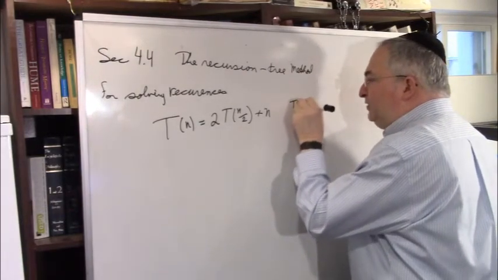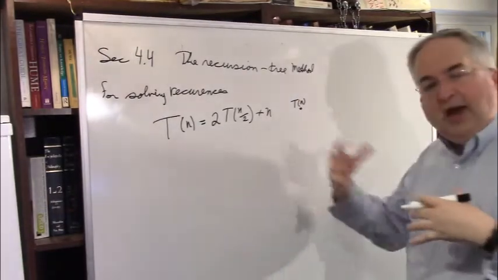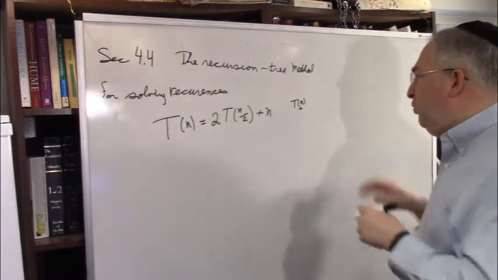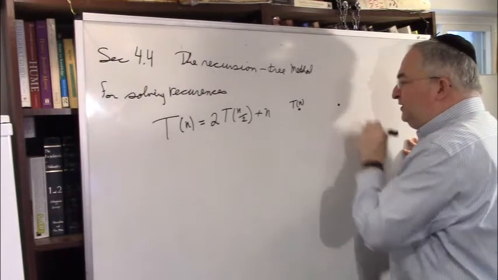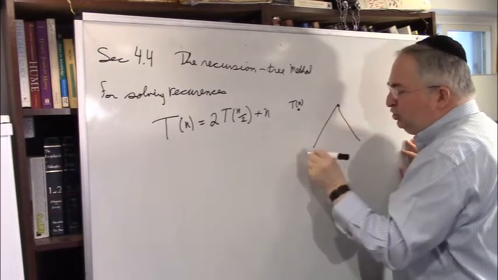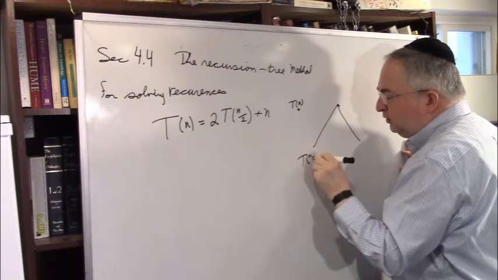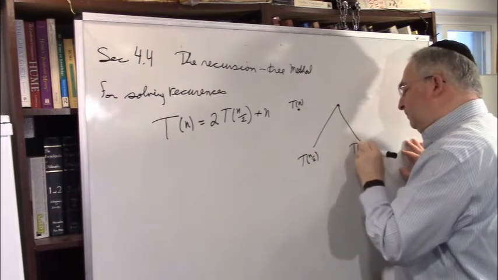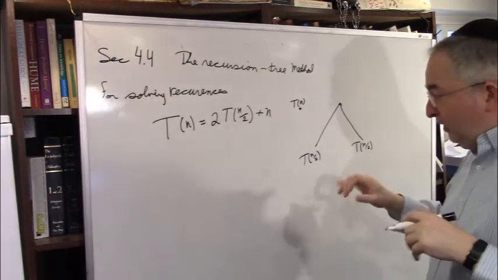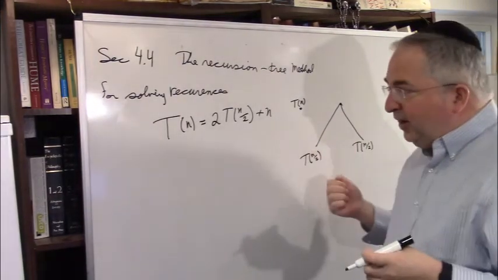You have some T of n. Question: how can I write this in another way? Well, you split this up into 2 parts, so it becomes a tree, the left side and the right side.